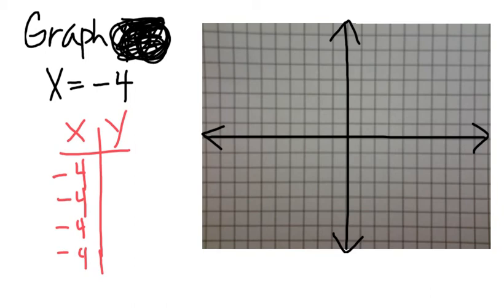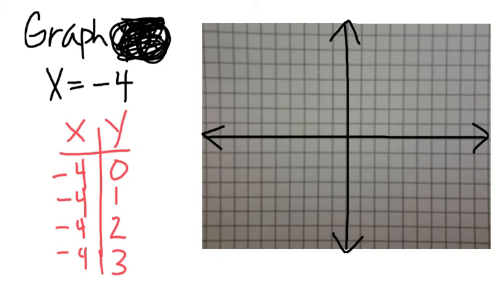No matter what y is, x is -4. We can put any numbers in the world we want for y, but x is always going to be -4. Now, some of you are saying, well, Ms. Stephan, that's not a function. And you're right, it's not a function, but it is an equation. You're going to see real quickly that it's not a function.